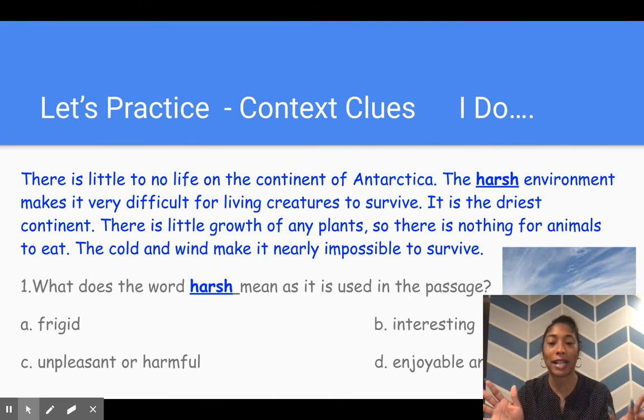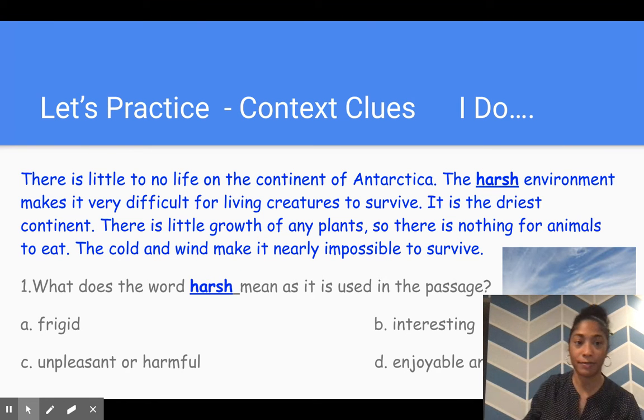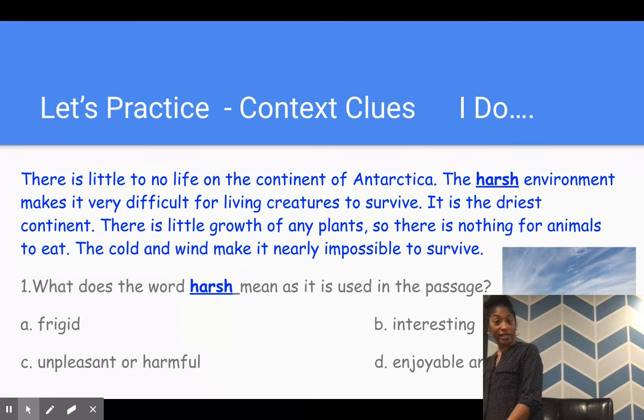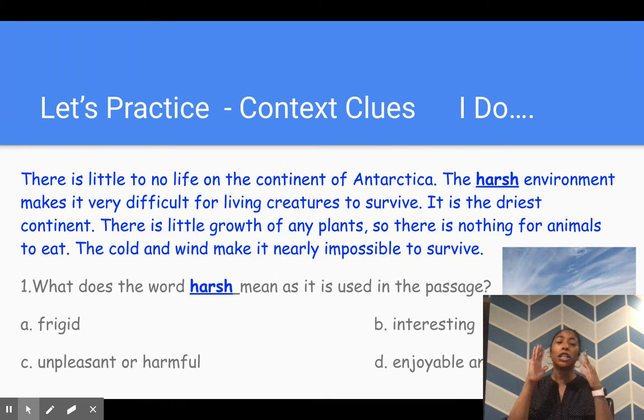So let's practice. Take a minute and read this passage. Did you read it? There is little to no life on the continent of Antarctica.